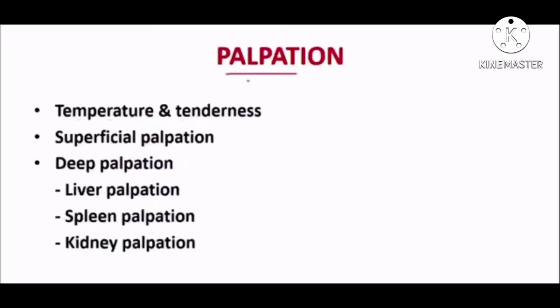central area. Palpation: look for the temperature and the tenderness and do superficial palpation. And deep palpation includes liver palpation, spleen palpation and kidney palpation. Try to look for the temperature or any local rise of temperature with the dorsum of the hand.